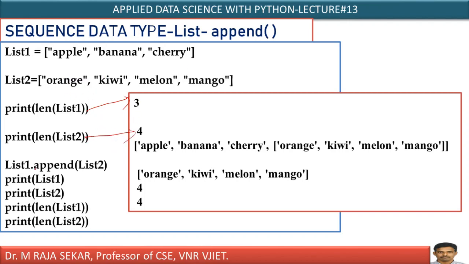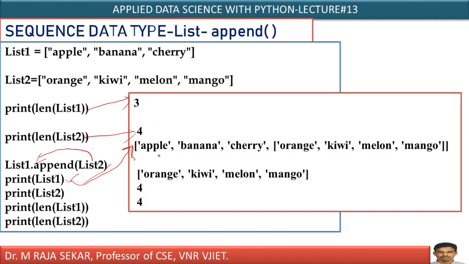Second list length. list1.append(list2). In previous slides, I explained how to add a particular element to a list. Now we are appending one list to another list. Therefore, list 2 will be appended to list 1. Now, what is print list 1? What will I get? This is our list 1, isn't it?